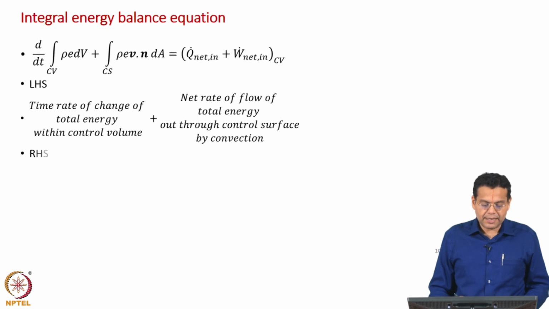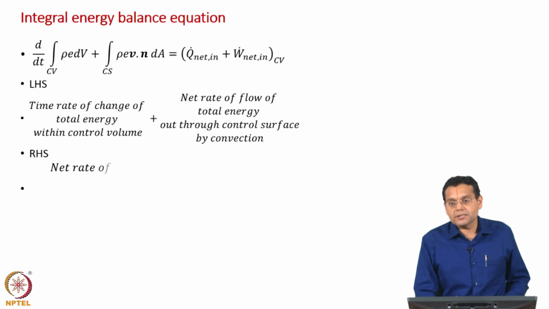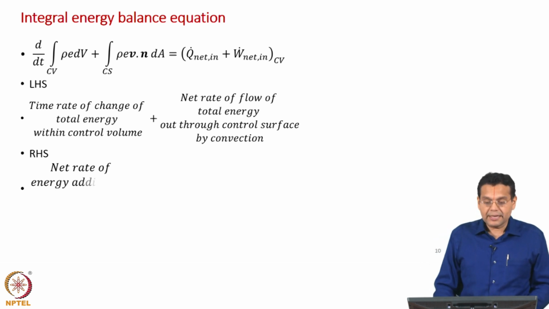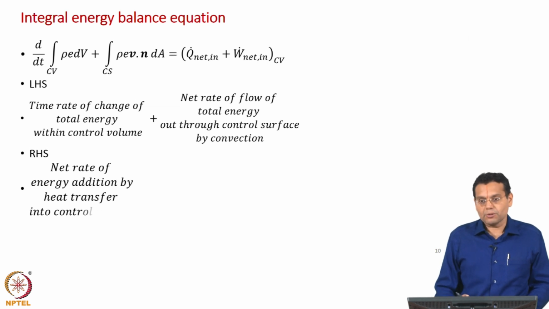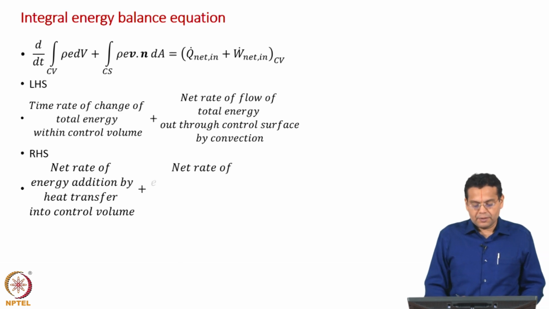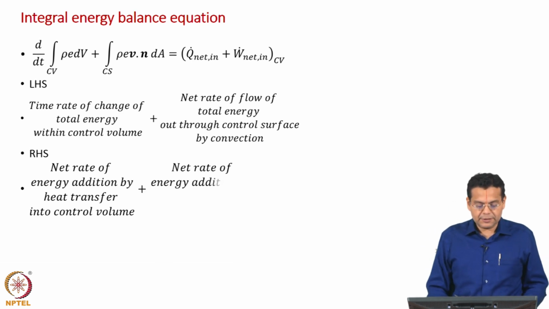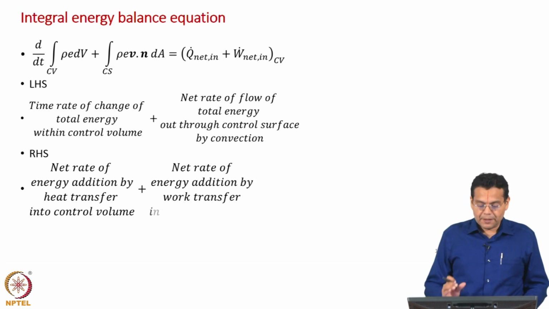And right hand side, what does it represent? The first term represents net rate of energy addition by heat transfer into the control volume. And of course next term on the right hand side gives the net rate of energy addition by work transfer into control volume.